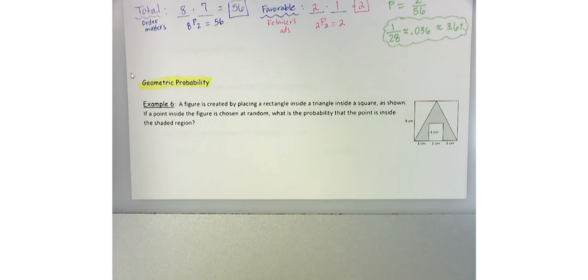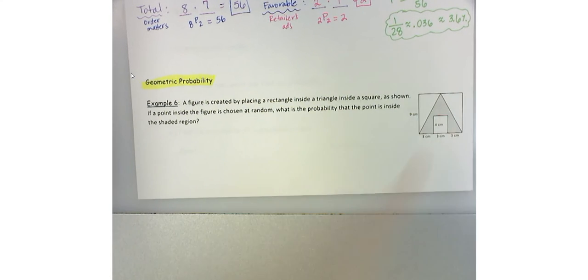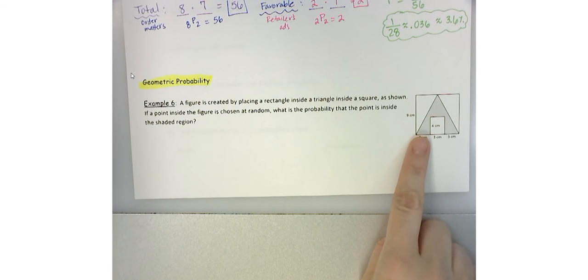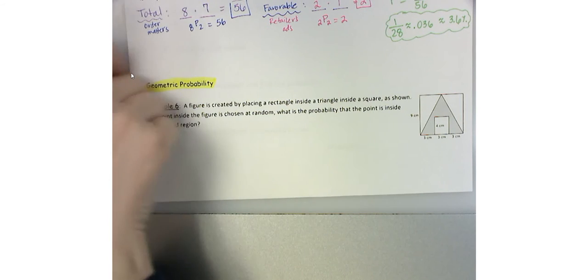Okay, so the total amount, anytime you're doing the probability for geometric, is going to be the total area. So in this case, that's going to be the area of the square. On the top is going to be the area of the shaded region. Okay, so let's figure out how we can do the total area first.